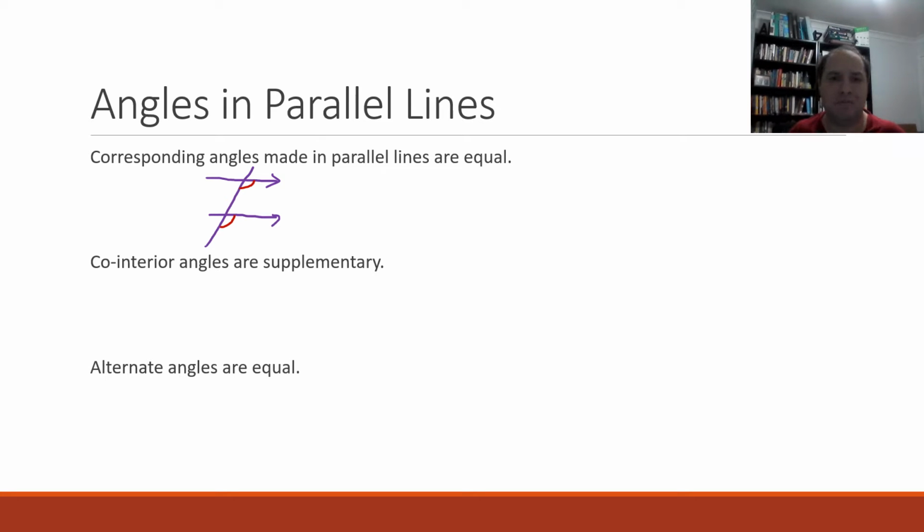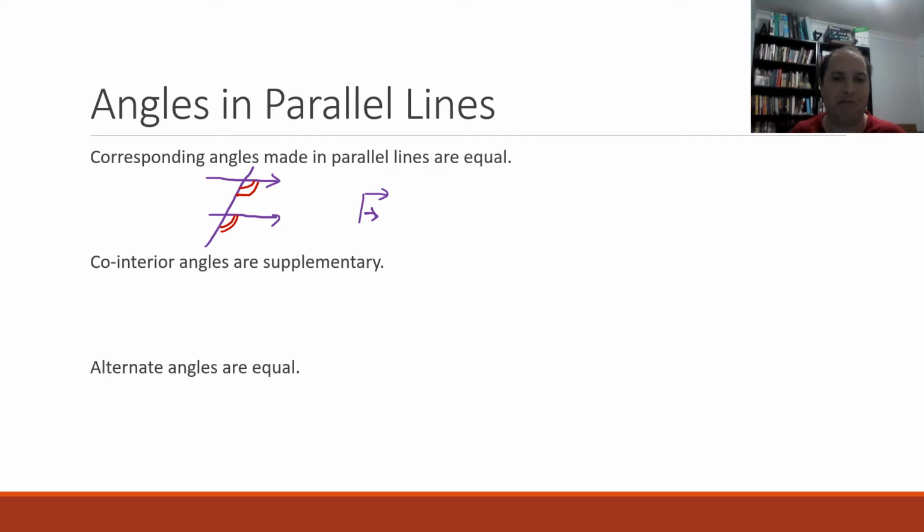So we might, by shorthand, just call it the F rule, but the mathematical term we use to describe those angles is corresponding. Okay, so these corresponding angles in the same position of our parallel lines and the transverse that cuts across them, those angles are equal.